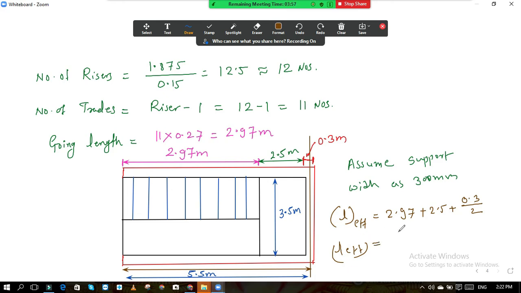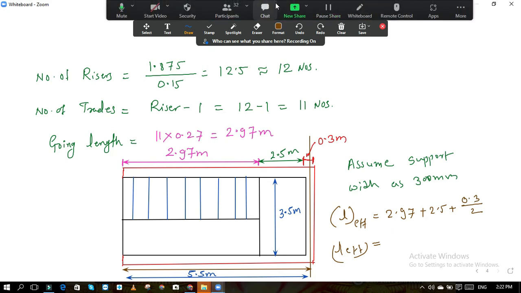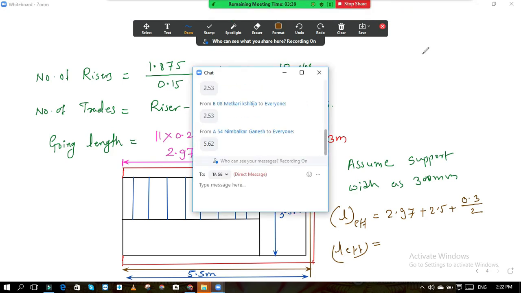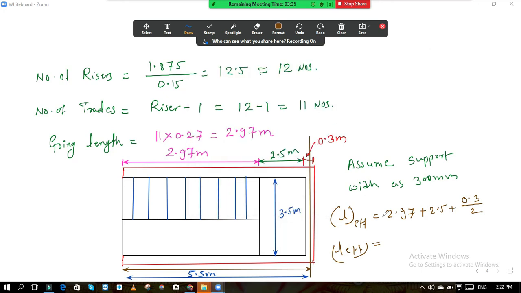So let me know the answer. Calculate the span. 5.62. Okay, 5.62.